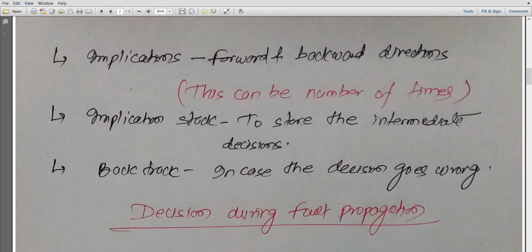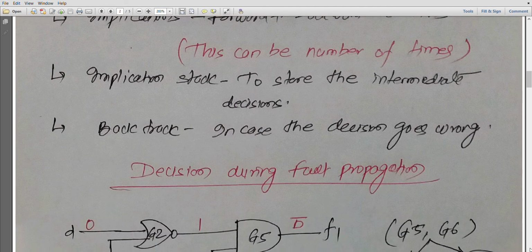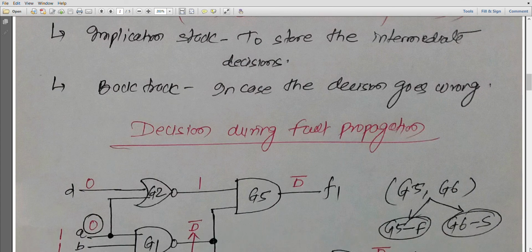So you can consider it as a memory. The word stack is there because you have already studied stack memory in the case of the processor. So the stack here is nothing but the storage point of intermediate decisions, so that you can come back anytime and change a decision. Backtracking, or backtracing, is required when a decision goes wrong. I already discussed that a while ago.